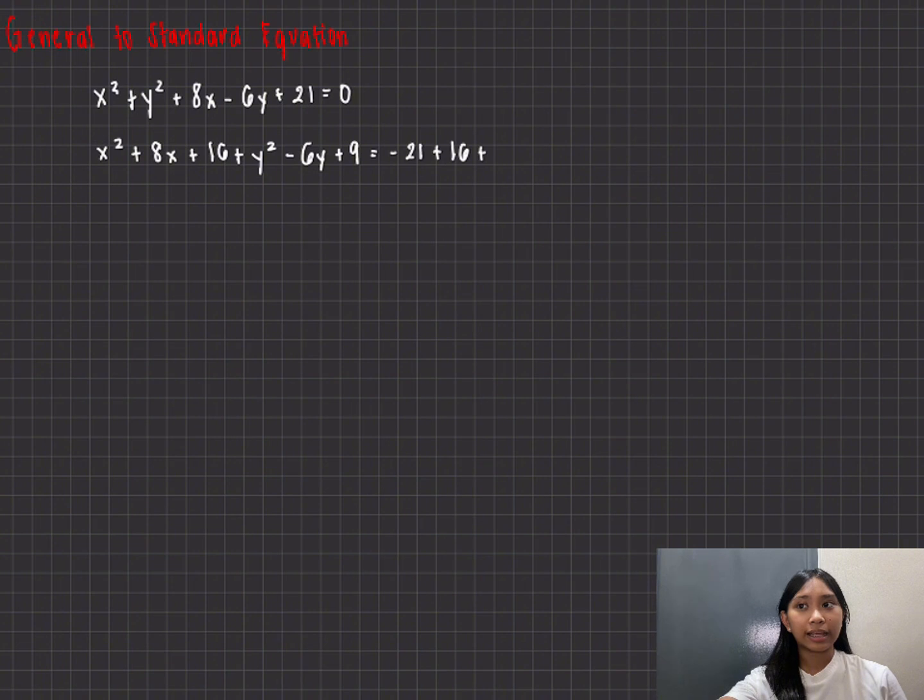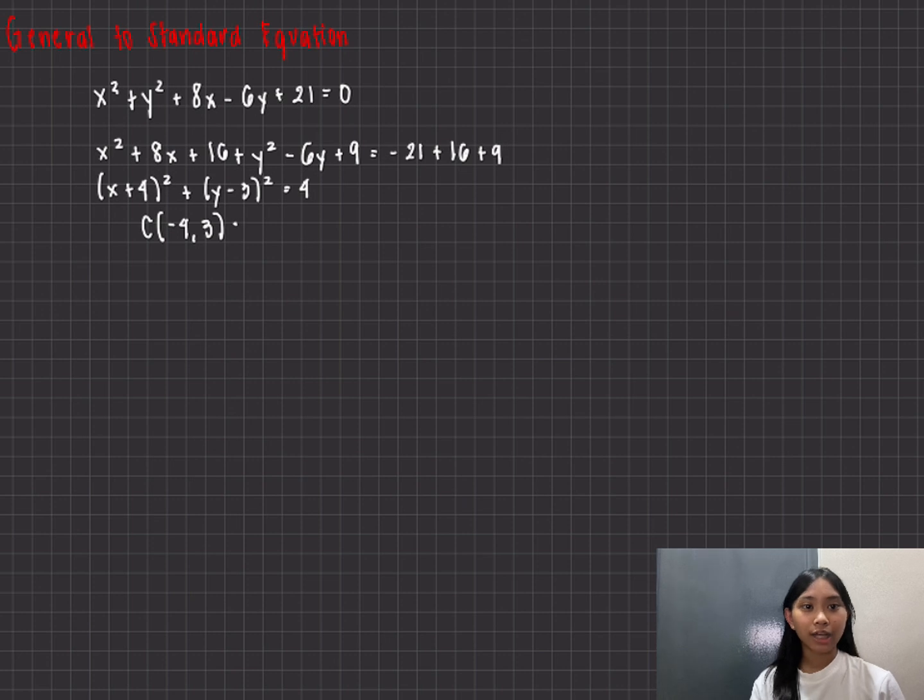We are going to write it as a square of a binomial. In order to do that, we need to copy the sign. So x, copy the sign, plus square root of 16, that will be 4, then squared, plus y minus 3 squared, equals negative 21 plus 16 plus 9, that will give us positive 4.